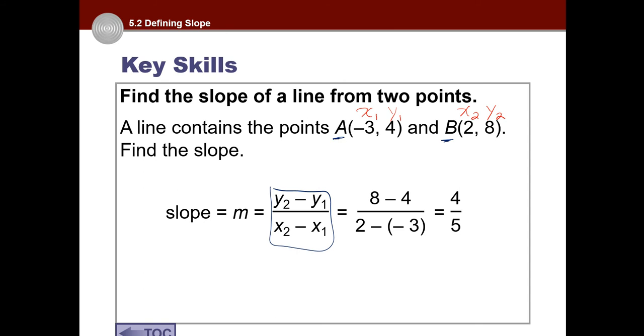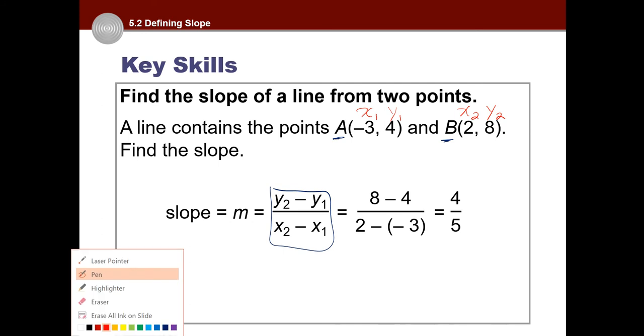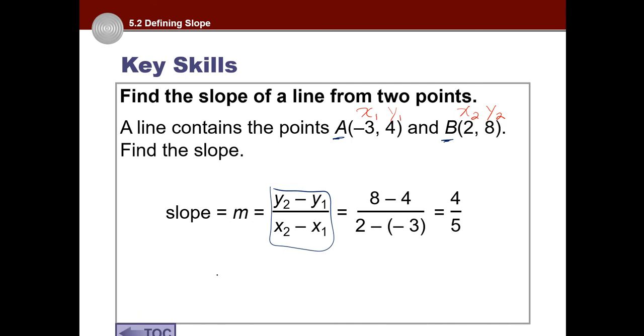Now I want to show you something that's important about this formula. Everything that I put in black is part of the formula. Everything now that I am writing in red is what needs to be replaced in the formula.